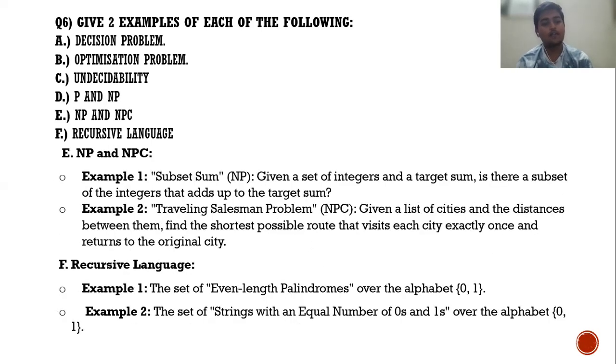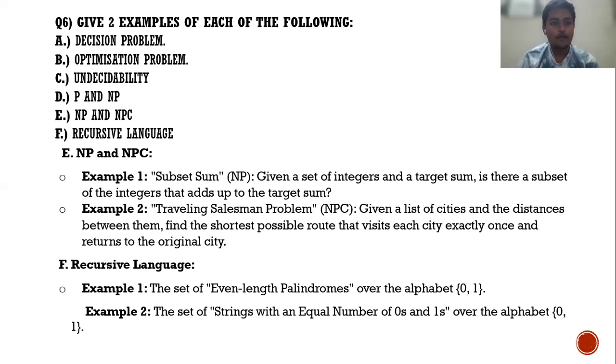For the next, we have NP and NPC, where the two examples are subset sum and traveling salesman problem. For recursive language, the first example is even palindrome language and the second one is strings with an equal number of zeros and ones. Once again, you can pause the video and read the description here.